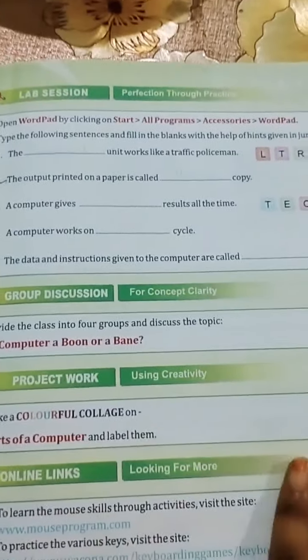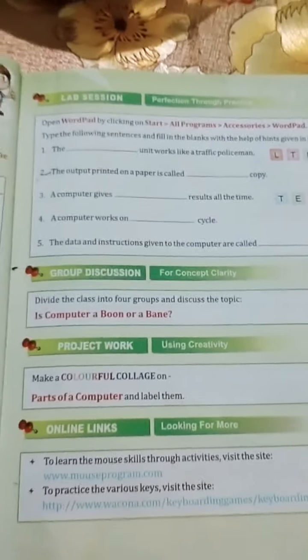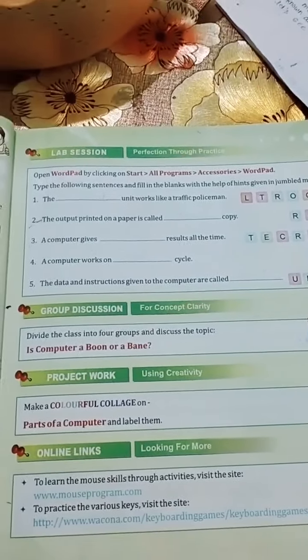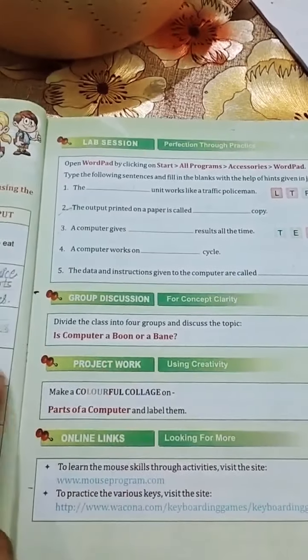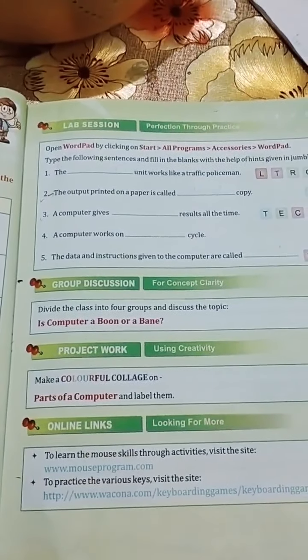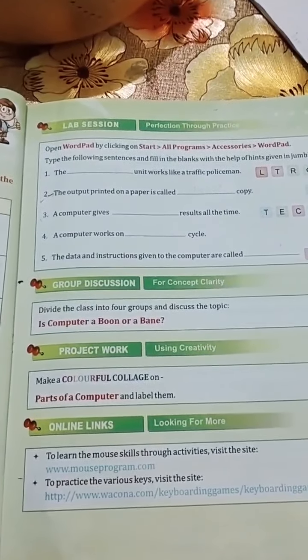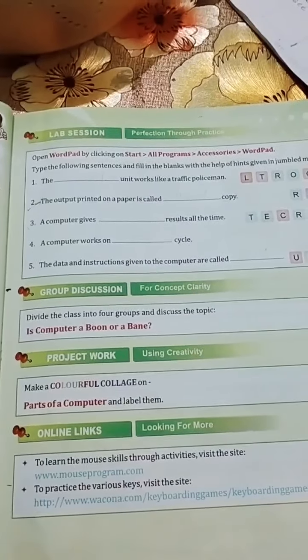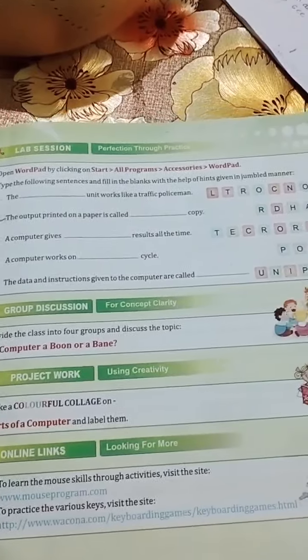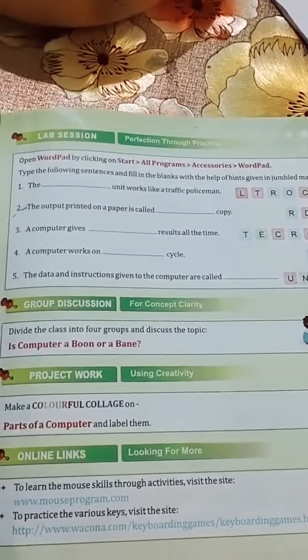Now come here. You can see here this one is your lab activity, but due to this lockdown it is not possible, so you have to do this activity at home only in this book. Okay, if you have any laptop or computer at your home, you can do this activity on the computer, otherwise no problem, you can do this activity in this book.